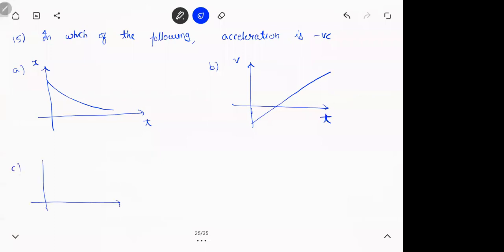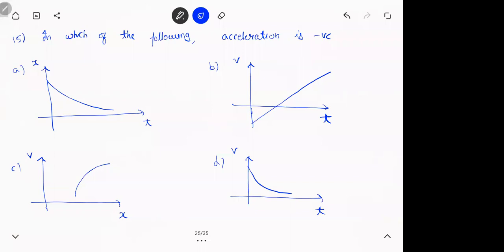This is a VT graph, huh? Now tell me. 4 graphs are given. Now you have to tell me in which of the following graphs the acceleration is negative. Be careful there. All graphs are different: XT, VT, VX, VT. So you always have to see the X and Y axis.